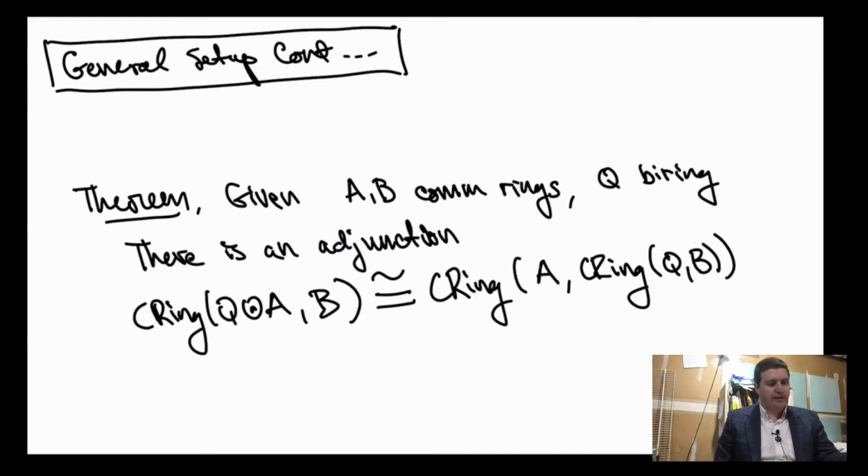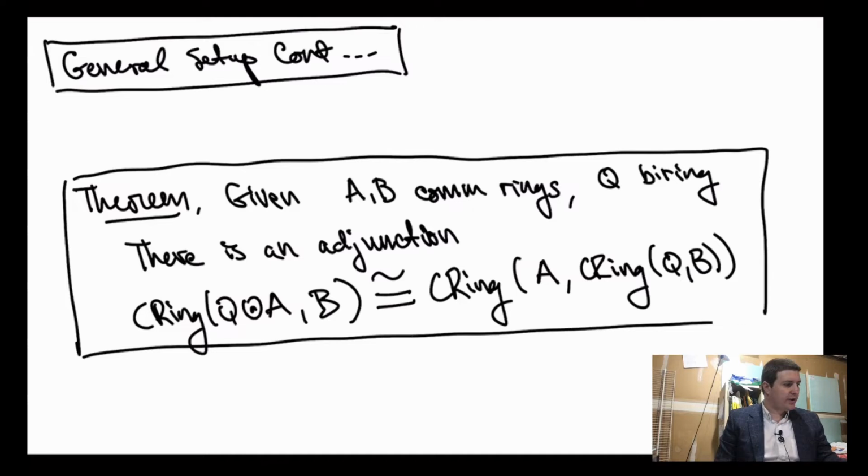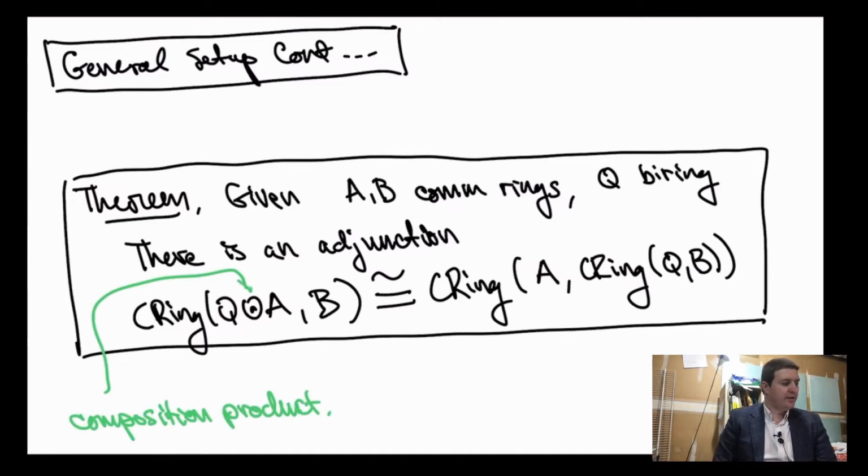Just like for tensor products, Hom and tensor product, the tensor product operation is the left adjoint of Hom, right? From a module, we have an adjunction here for birings, and this operation on the left is called the composition product, right?